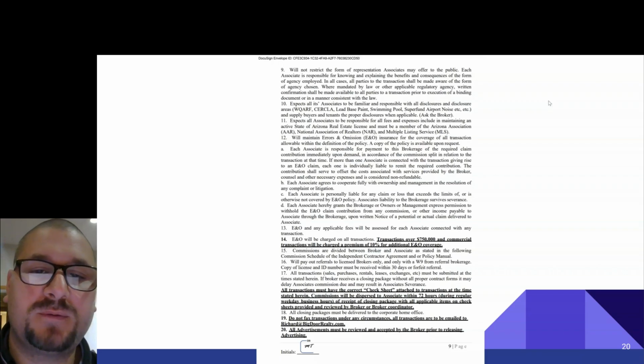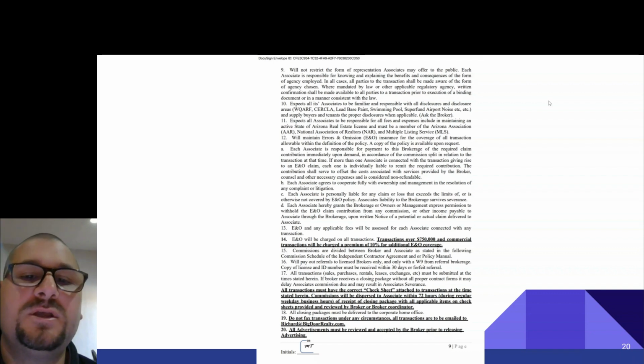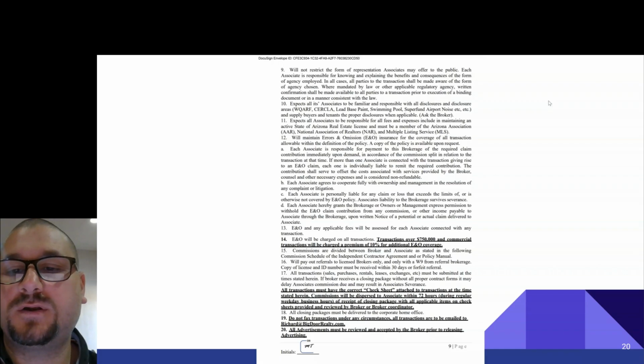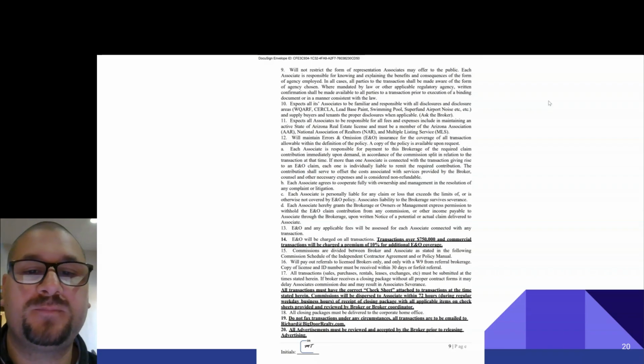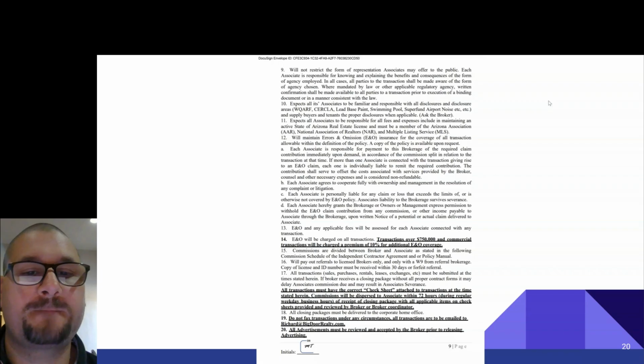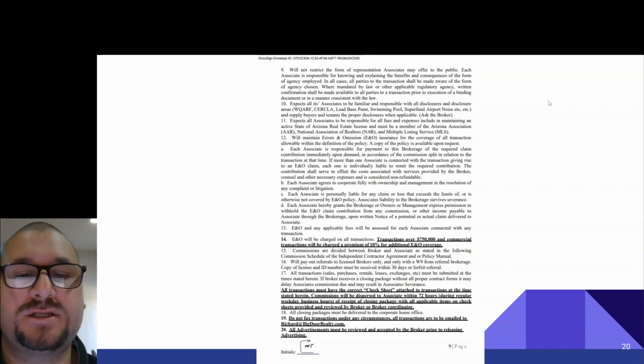Each associate hereby grants the brokerage or ownership or management expressly permission to withhold the E&O claim contribution from any commission or other income payable to associate through the brokerage upon written notice of a potential or actual claim delivered to associate. E&O and any applicable fees will be assessed for each associate connected with any transaction.